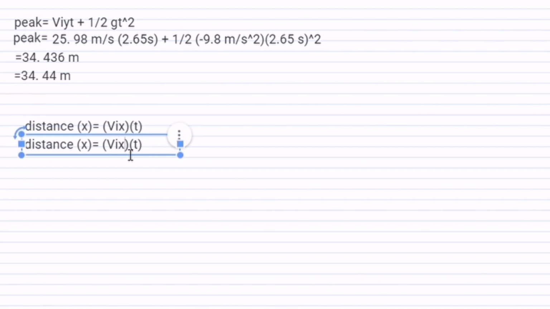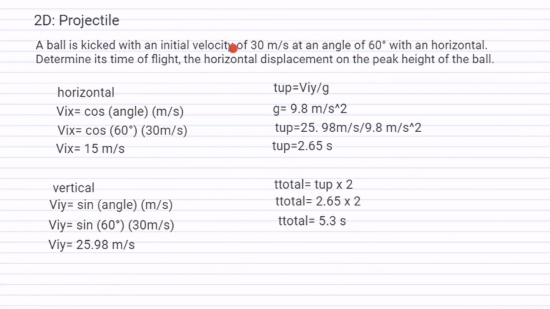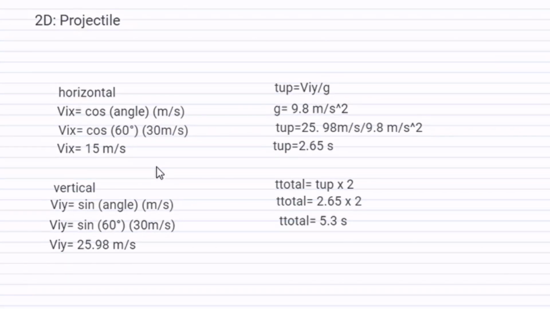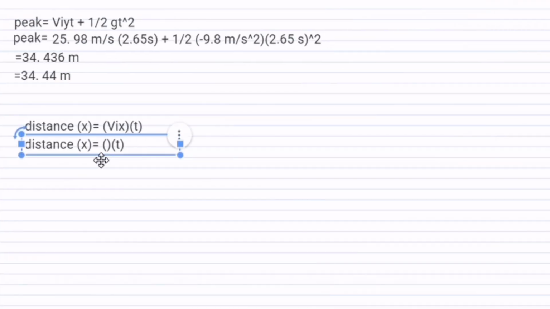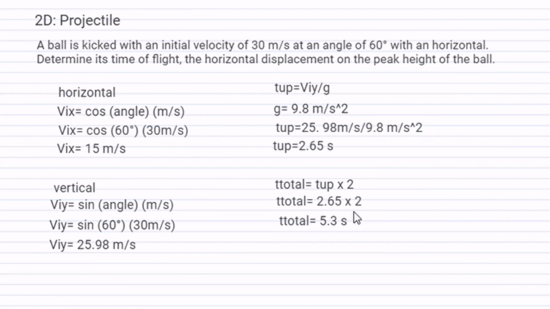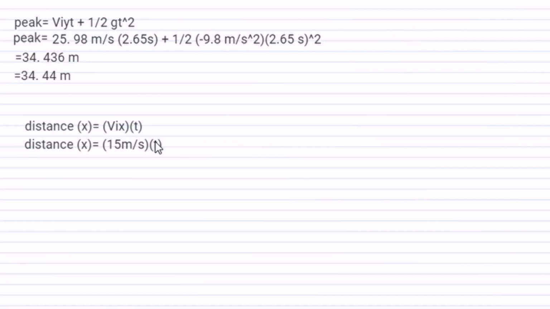The VIX value is 15 meters per second. The time that we're going to use is the value of T total, so it is 5.3 seconds.